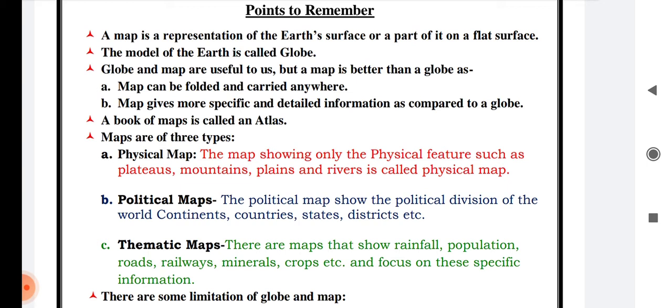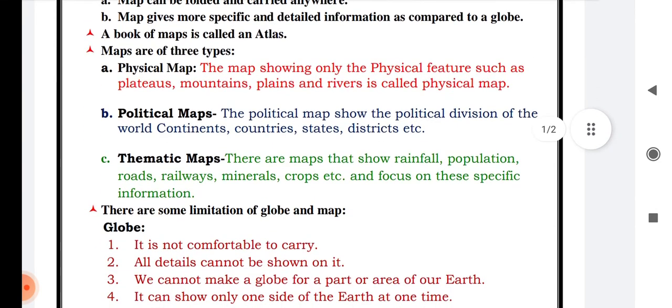A map gives more specific and detailed information as compared to a globe. When we compare map and globe, we find that a map gives more specific and detailed information comparatively to the globe.